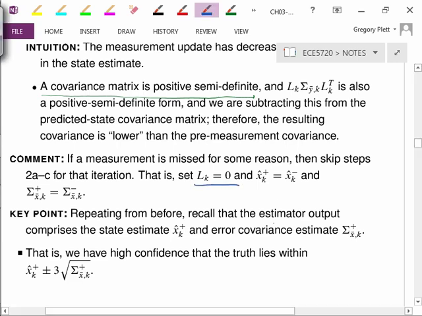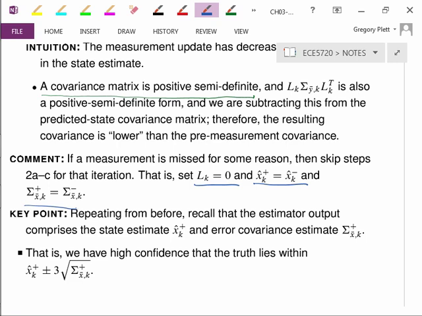So we set L to 0, we set x hat plus to x hat minus, and we set sigma x tilde plus to sigma x tilde minus. That's very convenient because there are places where we can determine that there are in fact skipped measurements or bad measurements, and this allows us a very robust solution to deal with that.